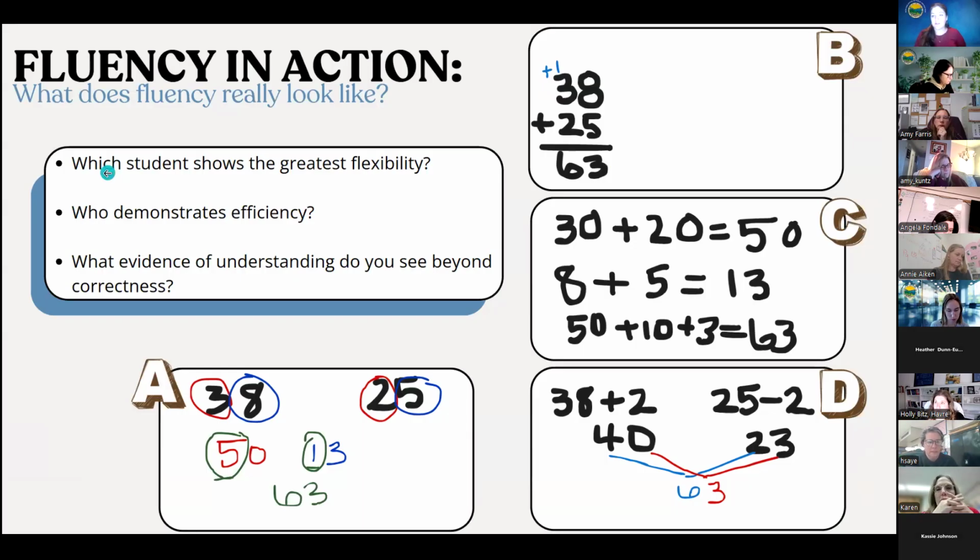So here's some student work. And we've got 4 examples. I'm sorry if they're messy. I wrote them on the screen. You guys all know how that looks. It's embarrassing when your middle school students start to heckle you for it, but they're up here. And I'm wondering if you guys can look at them and see, in your opinion, which one shows the greatest flexibility. They're all the same problem. We're adding 38 by 25.